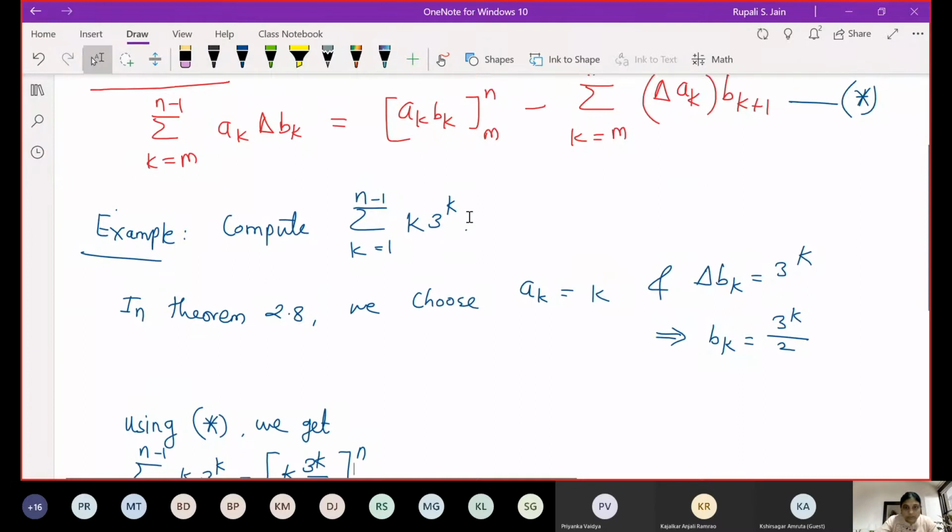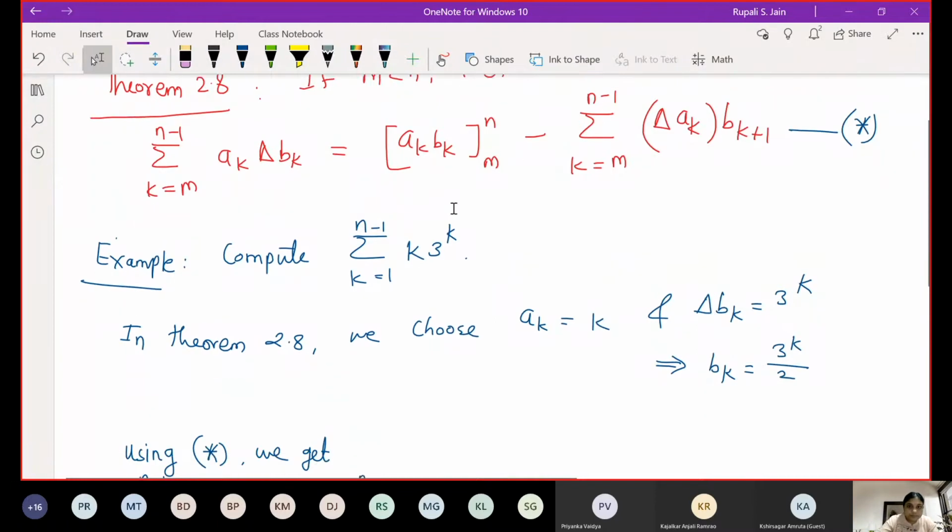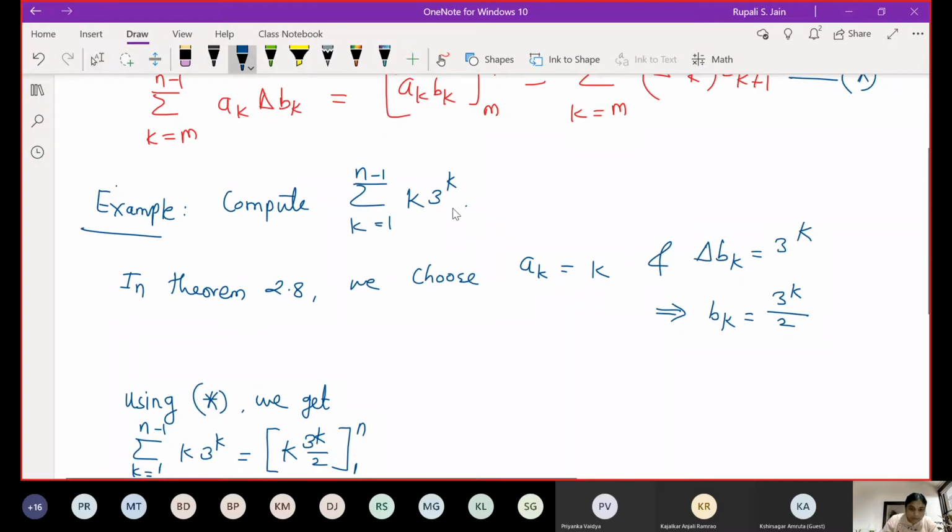Then minus the summation k equal to 1 to n minus 1 of delta ak, delta of k, right, and bk plus 1.